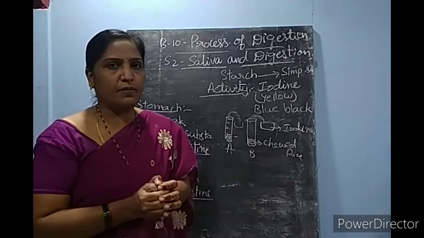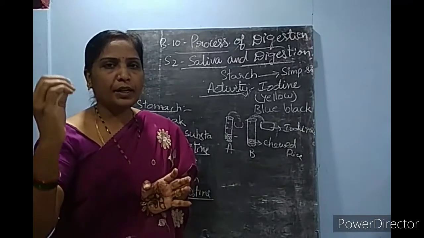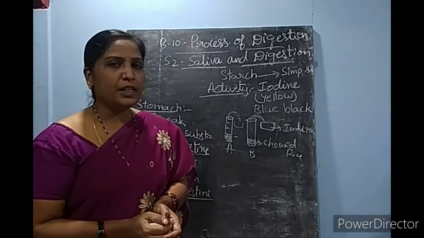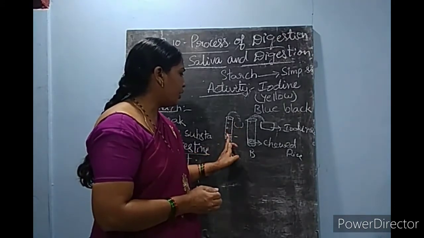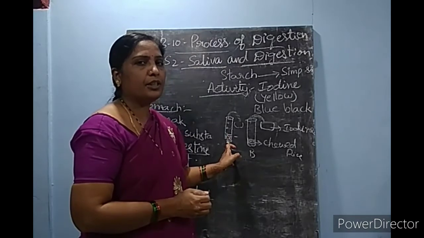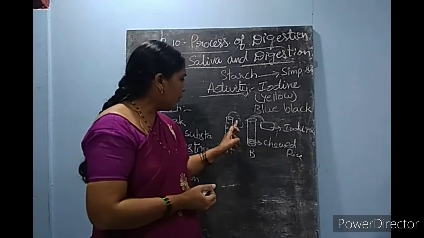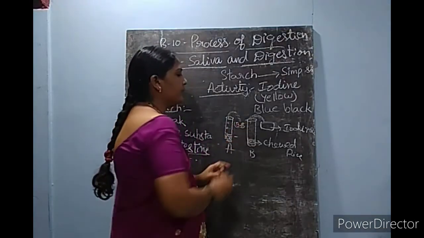A column is given: what happens to the chewed food, and what happens to the unchewed food? Whenever you add iodine to the unchewed food, the rice has starch, so immediately it will change into blue-black color.